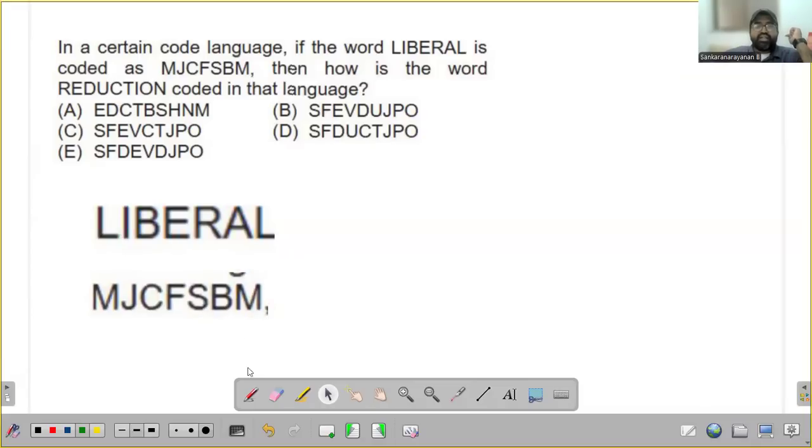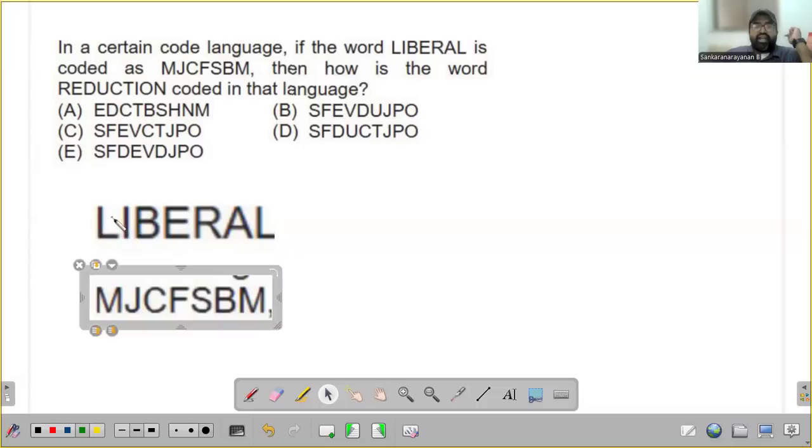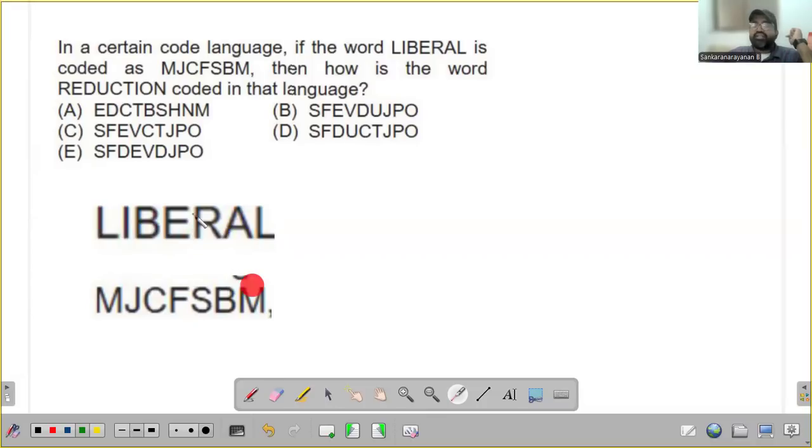Okay, you can see that here L, the next letter is M. I, the next letter is J. B is followed by C. E, F, R, S, A, B, L, M. So if you look at this, the word that you are considering here, when you are coding it, you are incrementing each of these letters by 1.